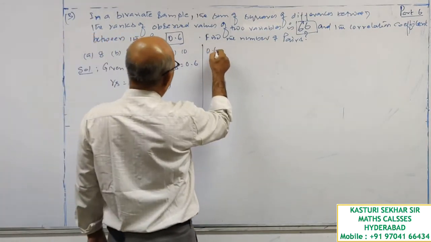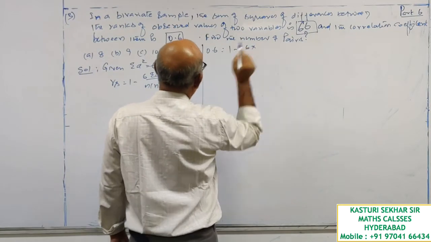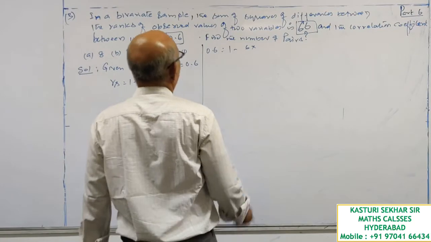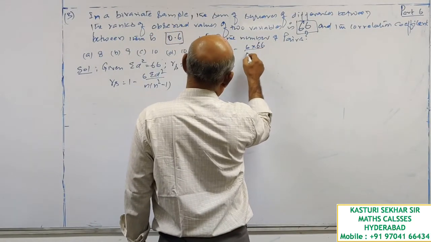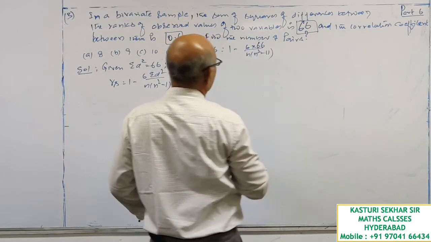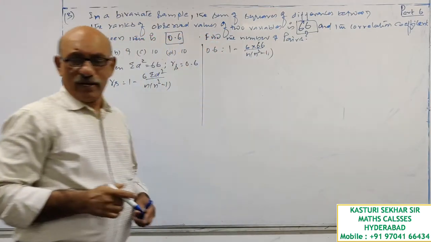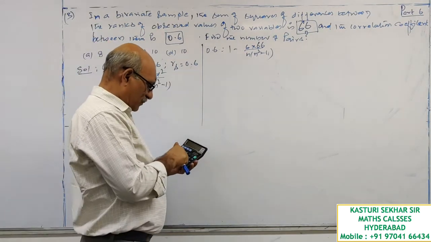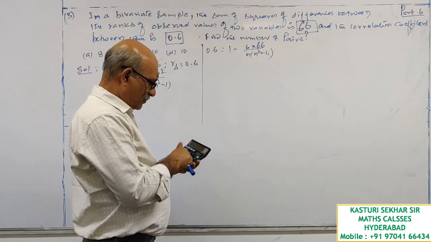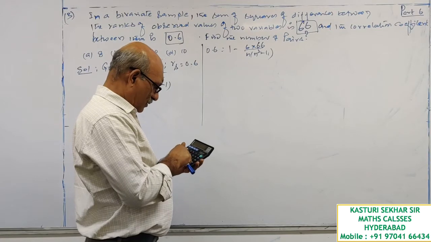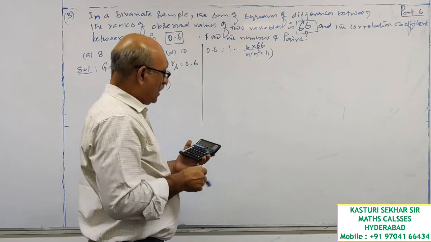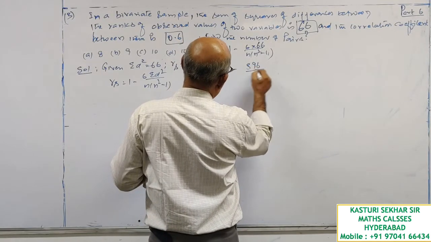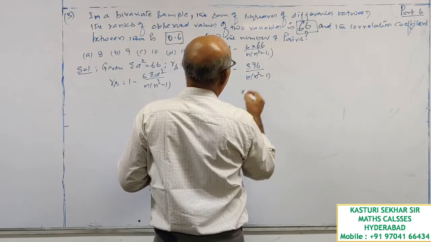So 0.6 is equal to 1 minus 6 into 66 divided by n into n square minus 1. 6 into 66 is 396.